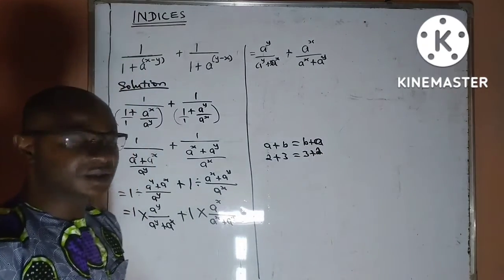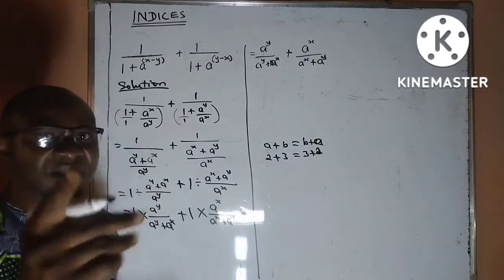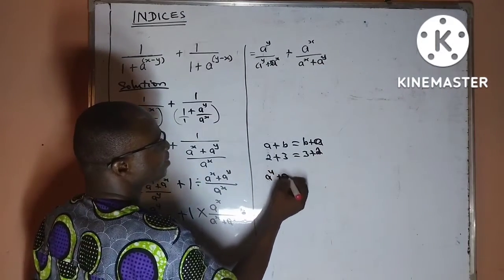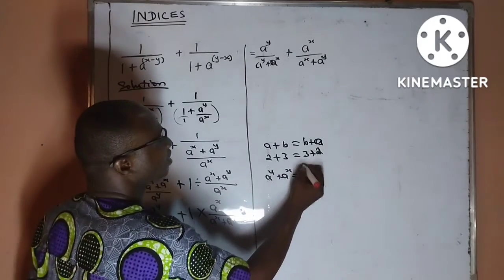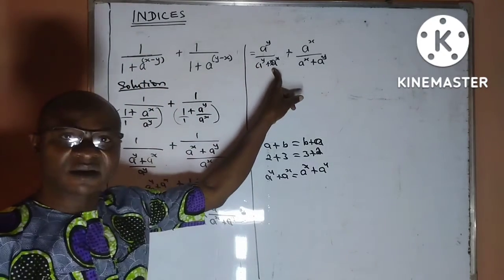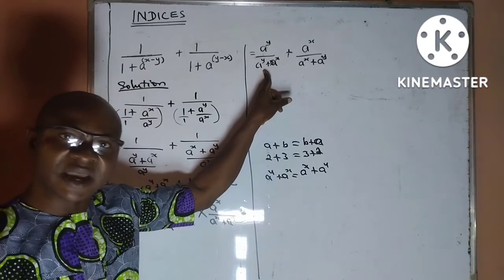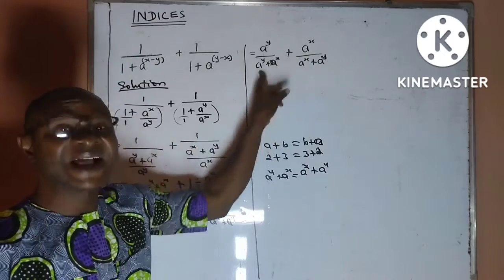They mean the same thing, okay? 2 plus 3 is 5 and 3 plus 2 is still 5. That means if I have here a raised to the power y plus a raised to the power x, it is the same thing as a raised to the power x plus a raised to the power y. So what I have on the right hand side is the same thing as what I have on the left hand side. So the LCM, they are the same.